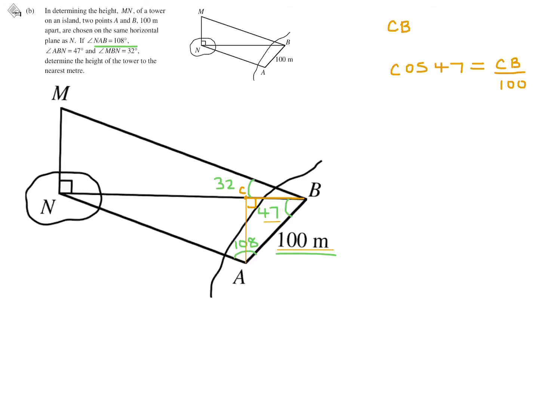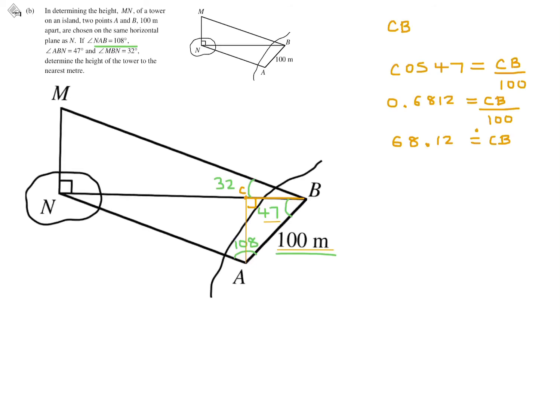I believe 0.6812 is equal to CB over 100, and therefore CB is approximately 68.12.